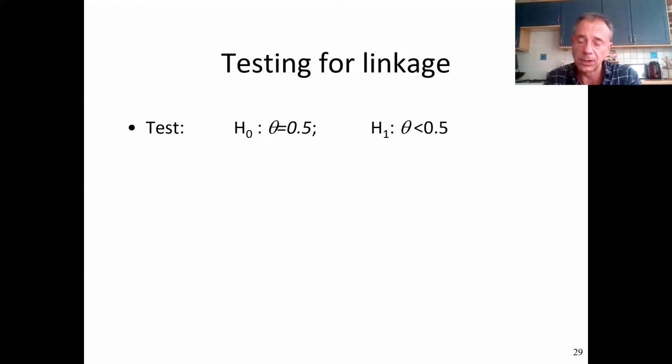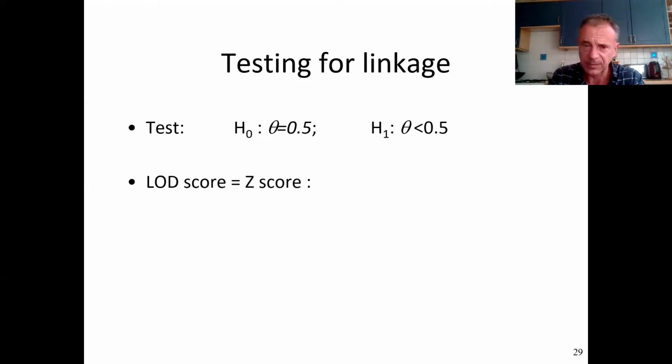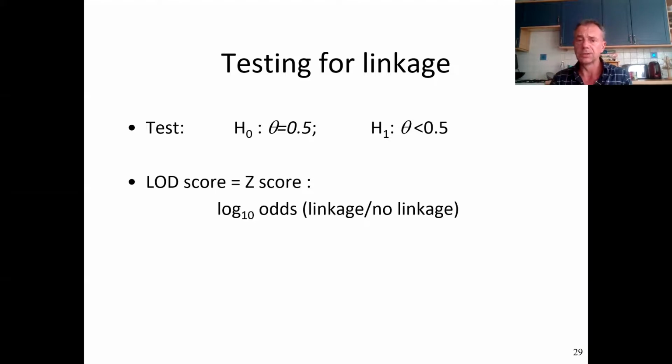A parameter is something that you can vary, and we're going to put it into a likelihood function, a function that defines the likelihood of our data. We have two hypotheses. H0 is the null hypothesis, that there's no linkage. H1 is the alternative hypothesis, that there is some linkage, expressed as the recombination probability being less than 0.5, though we don't know what it is.